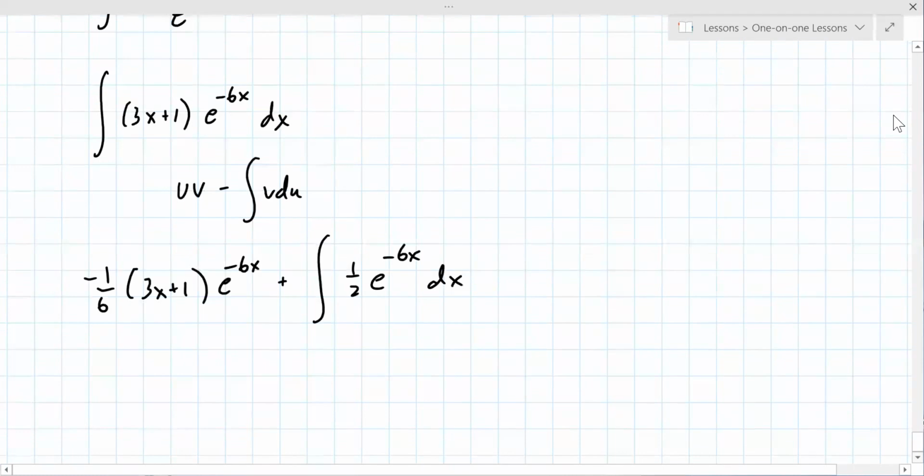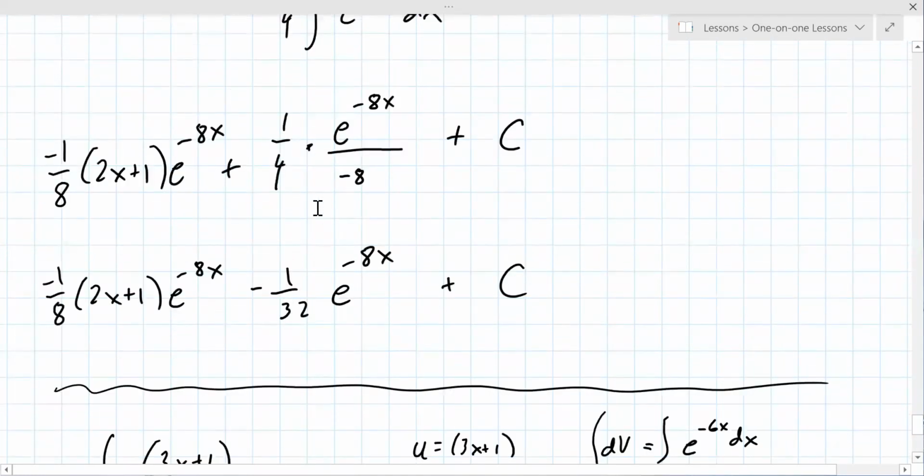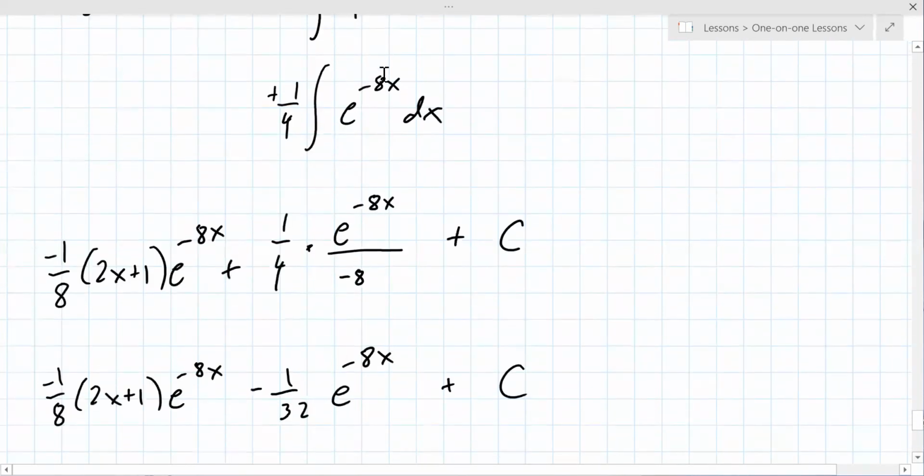Okay. And then at the very end, we got negative 1/32 e to the negative 8x. I'm confused where we got that. Where we got which one? Up here? Negative 1/32, yeah. Well, we had to integrate this e to the minus 8x again, and it became this.